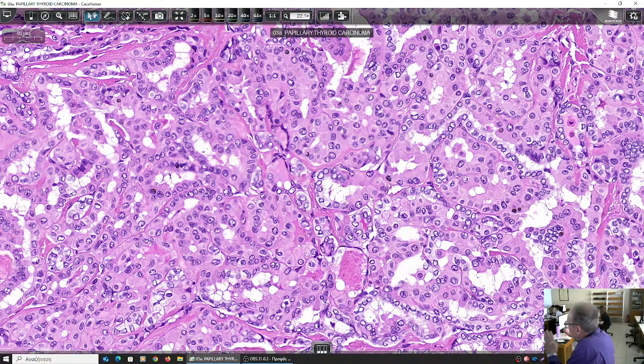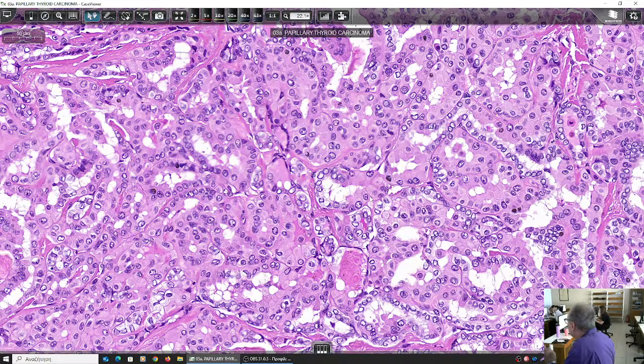So, despite the fact that we see papillae or follicles, we should always check the nuclear features. These are the ones that define the papillary thyroid carcinoma. It can have papillae, so it's of classic type, but it can also have follicles.